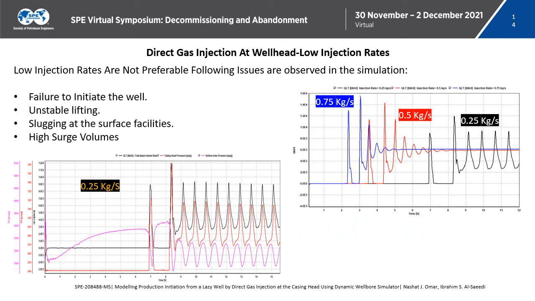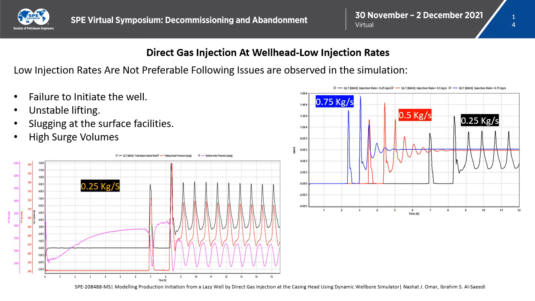After determining the optimum injection rate, it was necessary to take a closer look at other lower and higher rates. For example, it was found that there are some problems we can run into if we choose lower injection rates. The main issue is the slugging behavior that will result.